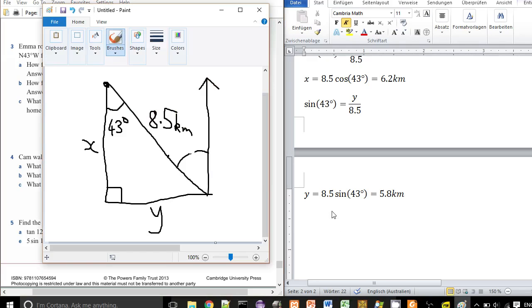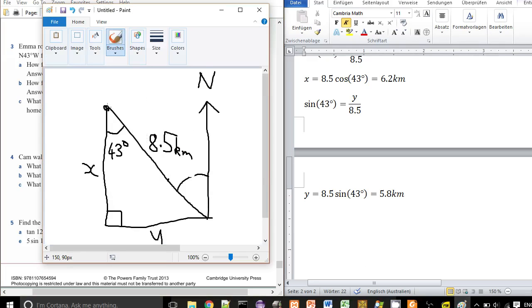From where she is now, she's over here. We need to put a north line again. So we're trying to find this bearing if she looks back homewards. We know this bearing was north 43 west, but going backwards, we need to know this angle. Now this angle is 43.